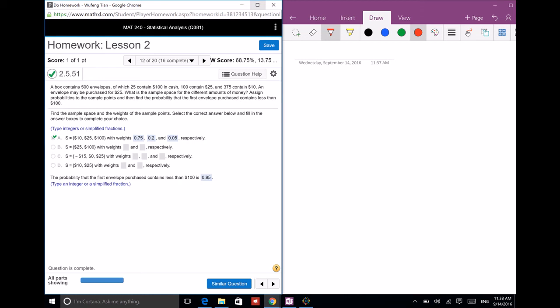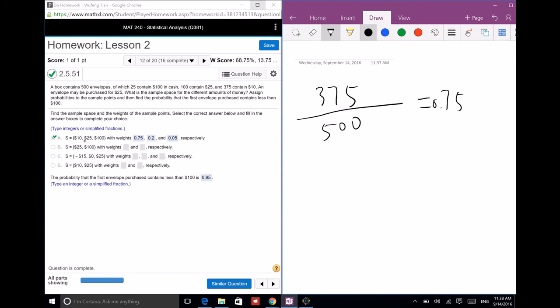Okay, so the sample space is $10. You have 375 envelopes with $10, so the total weight is 375 divided by 500. That's the weight for $10. You have a 75% chance to get $10.